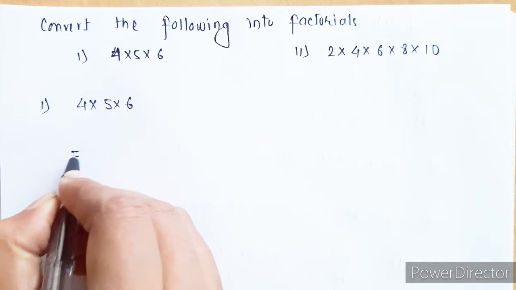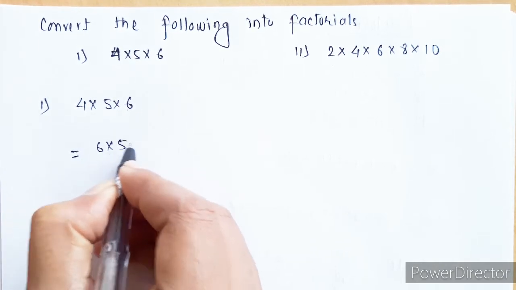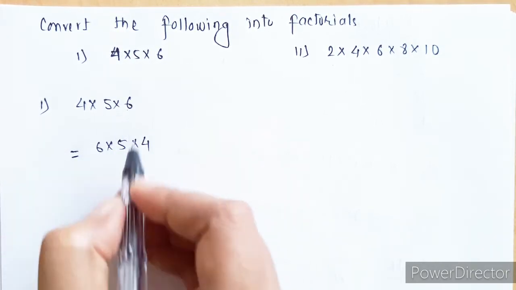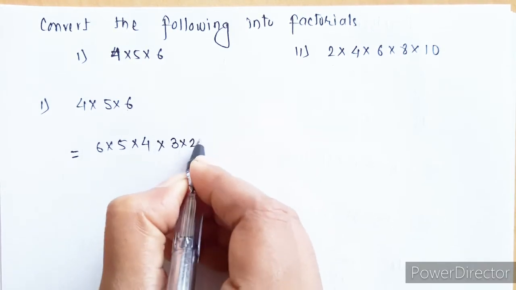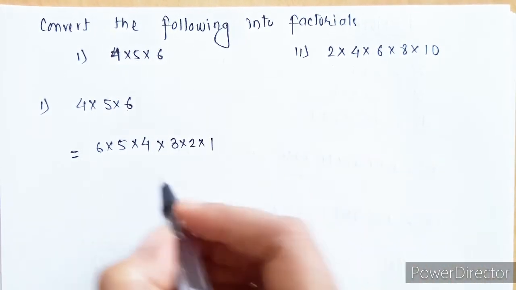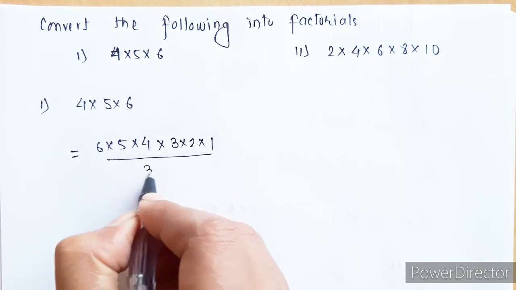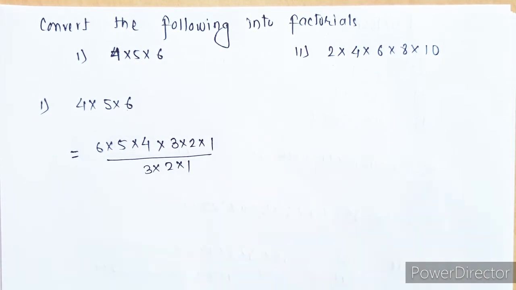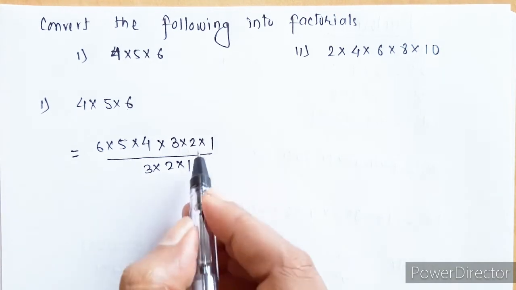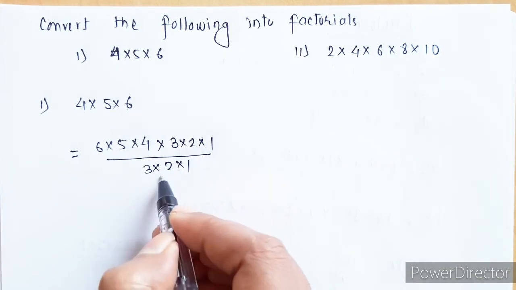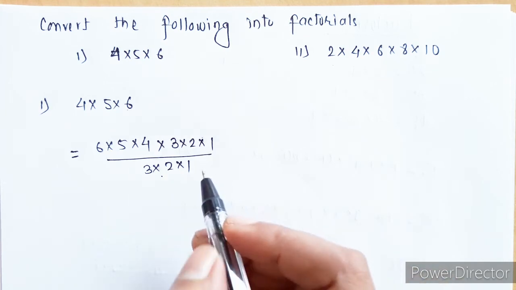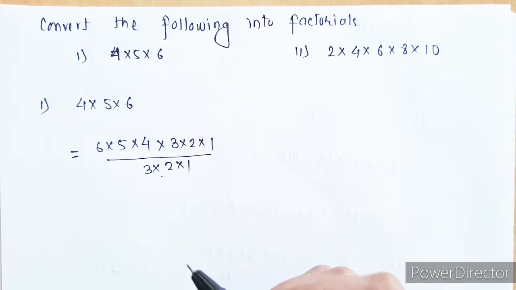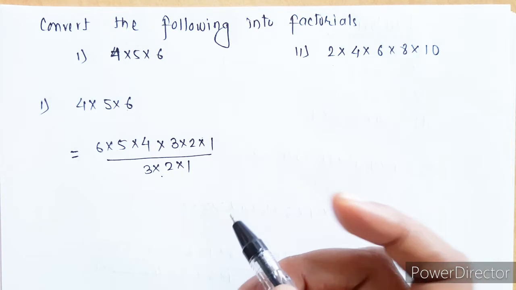So let me write this as 6, 5, 4. I have just rearranged them, and with this suppose I am multiplying 3, 2 and 1. If I am multiplying, I can divide, and after cancellation of these, what we get back is the same thing. So whenever we are multiplying, we have to divide. If we are adding, we have to subtract.